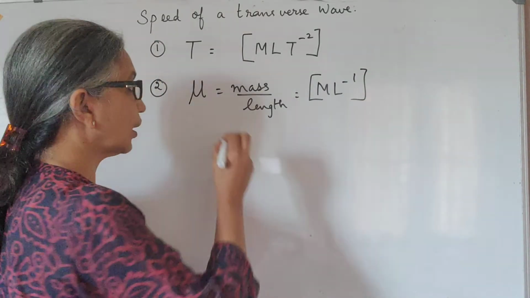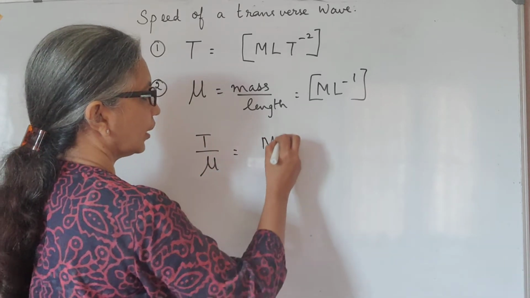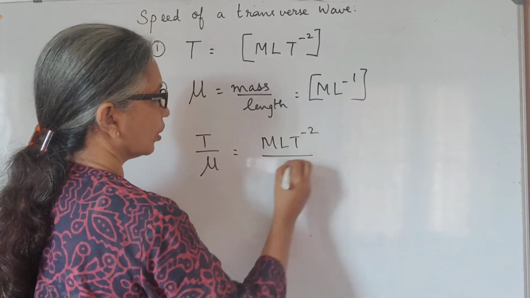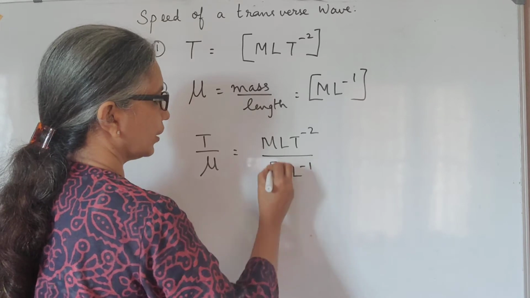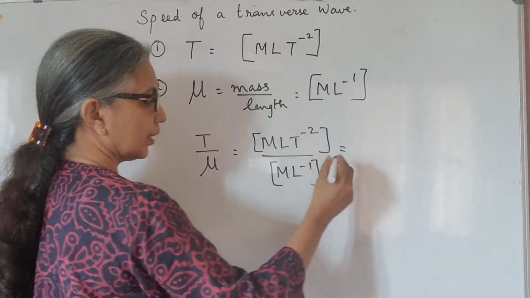It is seen that if you take the ratio T by mu, that is MLT^-2 by ML^-1, M gets cancelled.